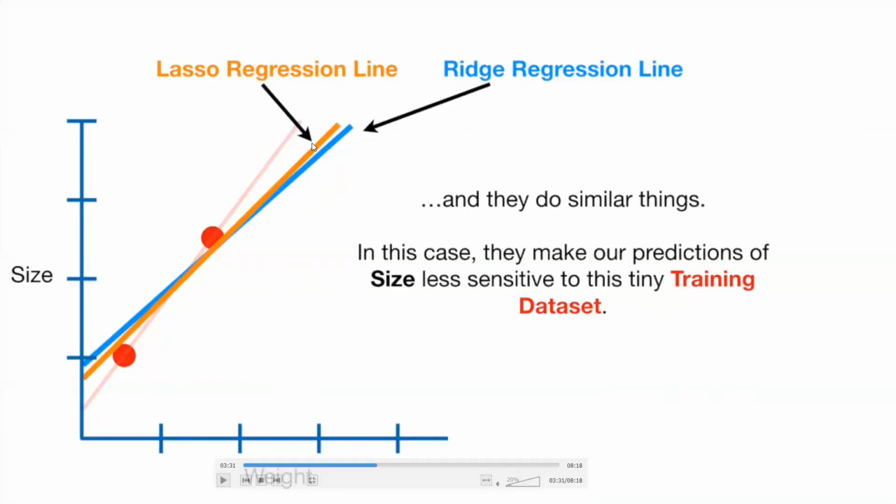So Lasso regression ends up somewhat in between your L2 norm and your linear regression. It hasn't got as low a slope as the ridge regression model, but it's somewhat close, right?